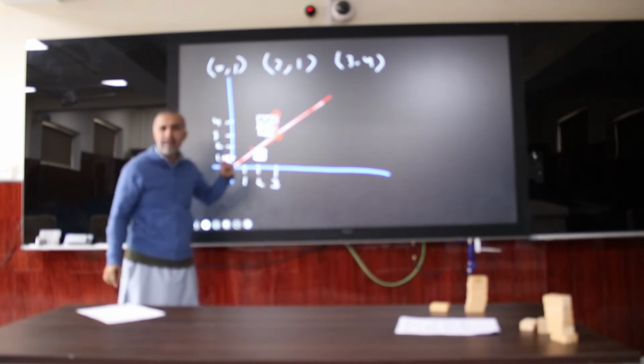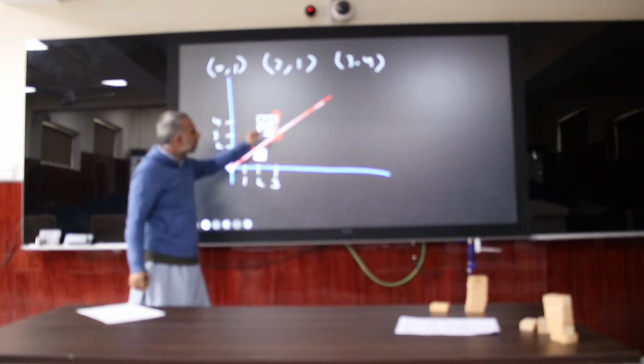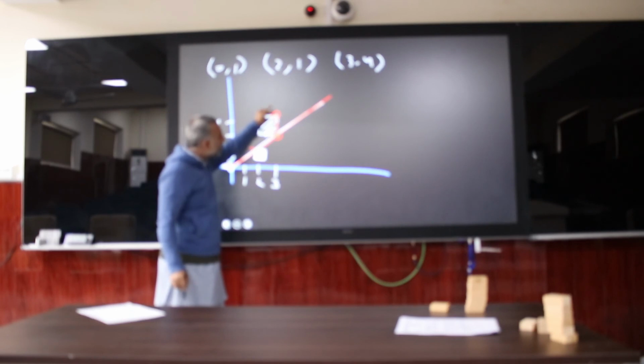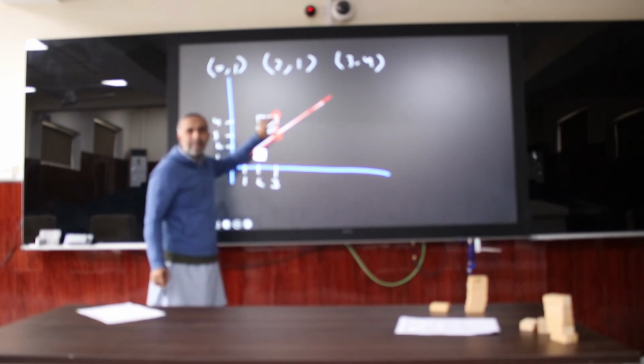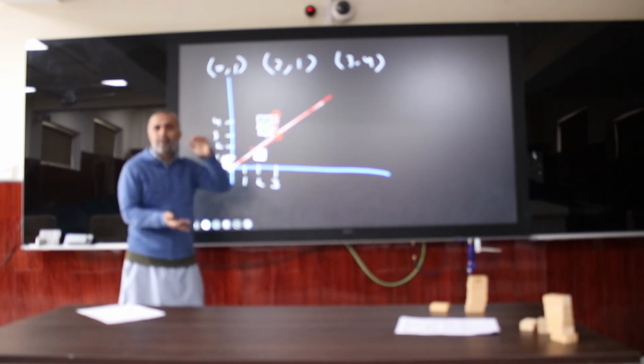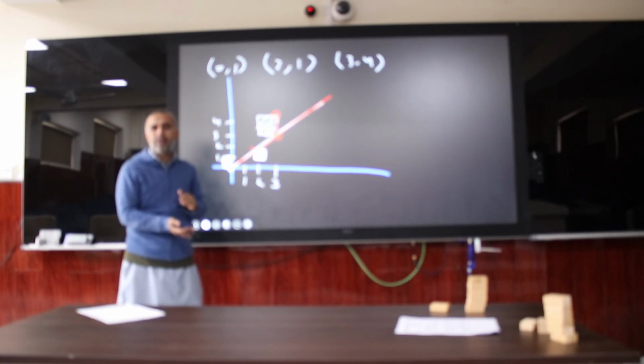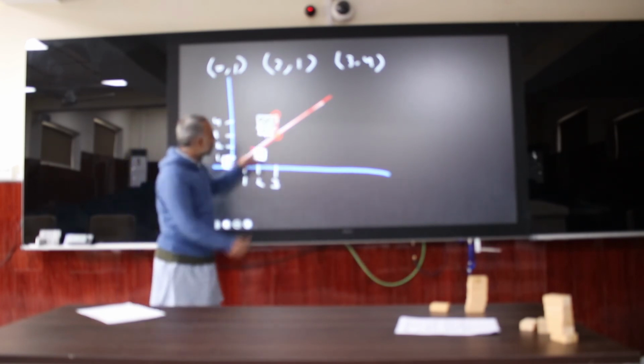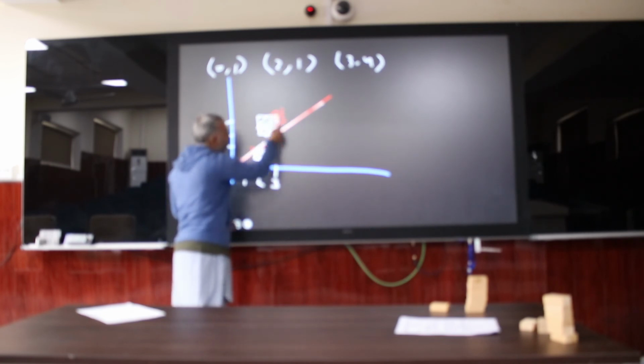The gap is there or not? That is the error. What you need to do is minimize this gap, this difference. Once you minimize this gap, you will lose something, of course, because your target is to reach this point.